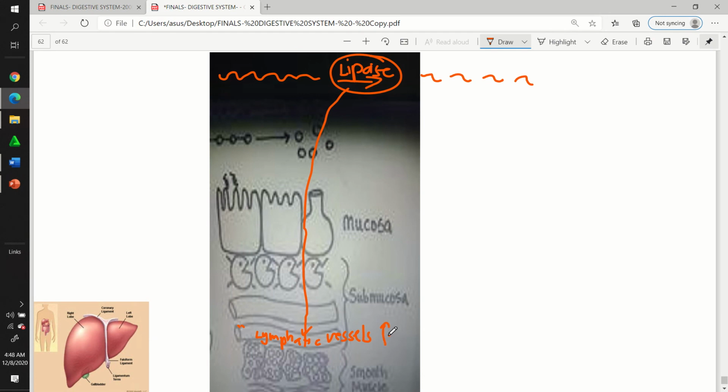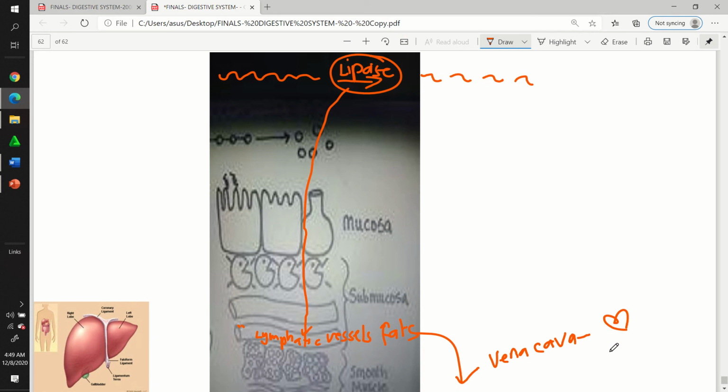So these fats, class, go straight to the vena cava and dump into the heart.